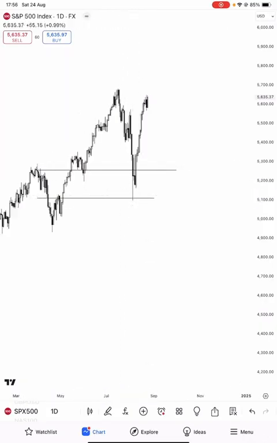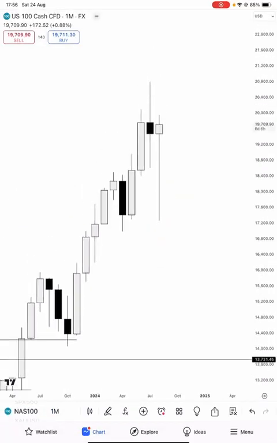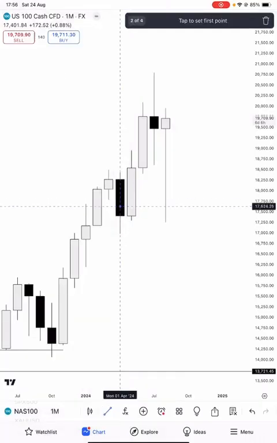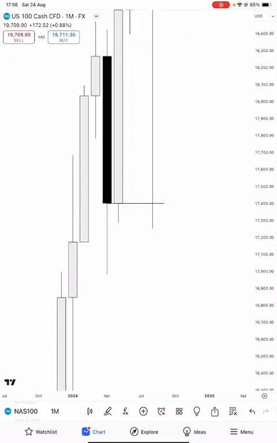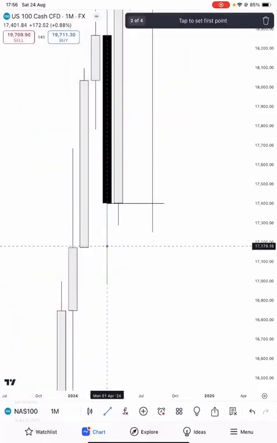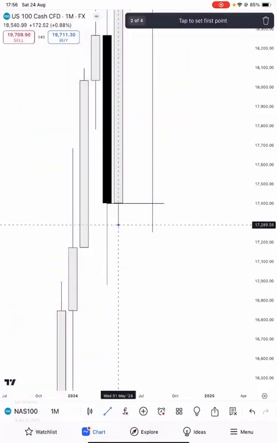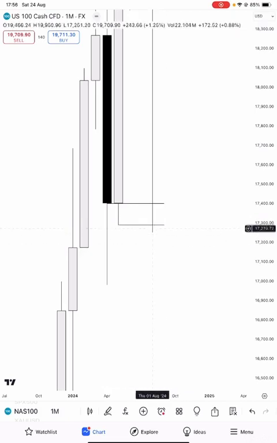The opening price was above, so it's reasonable to see opening price and mean threshold. While Nasdaq, because it's weaker, reached the rejection block and took the small candle, the small wick before the long wick.